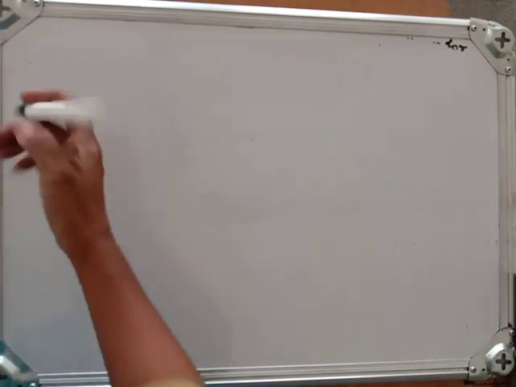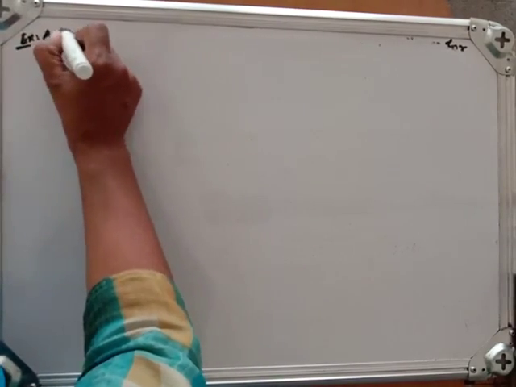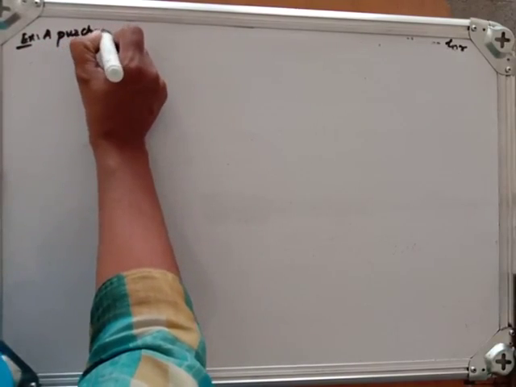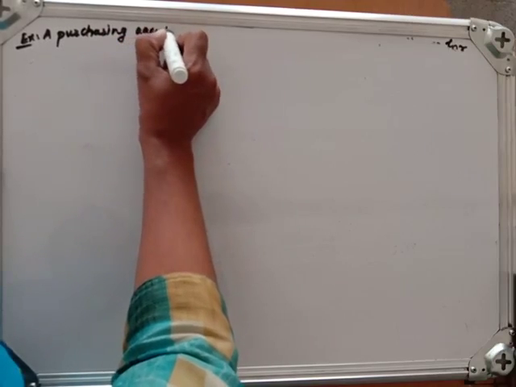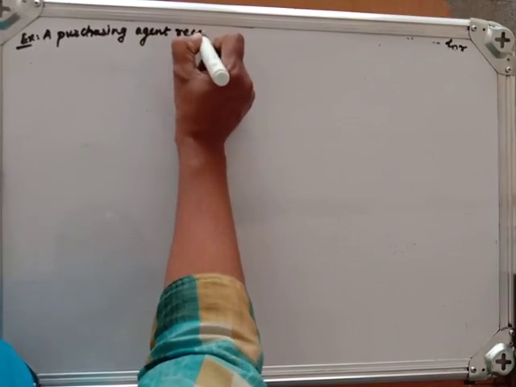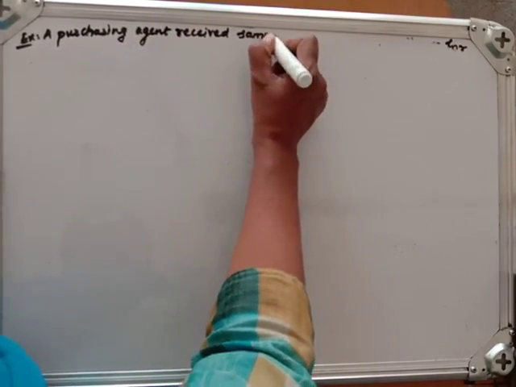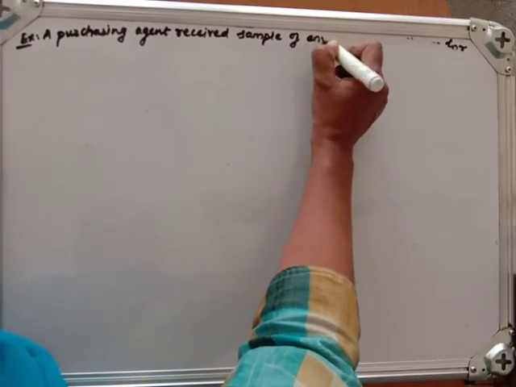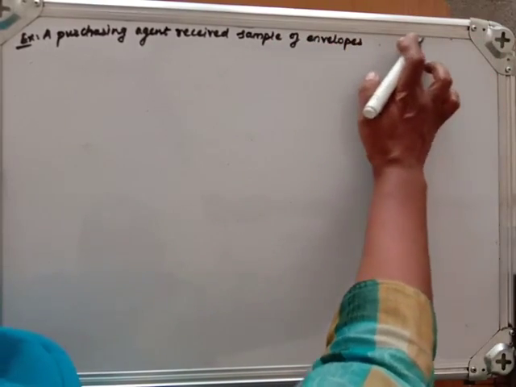The example says: a purchasing agent received a sample of envelopes from two suppliers.